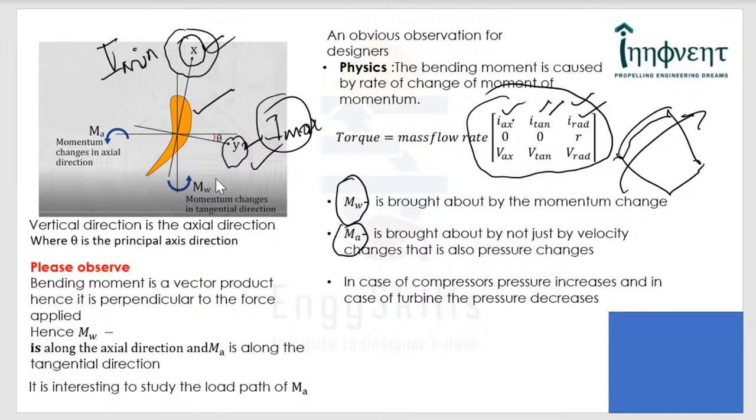Because of the rate of change of momentum in a direction perpendicular to the blade, that is tangential to it, we get this movement along the axial direction.